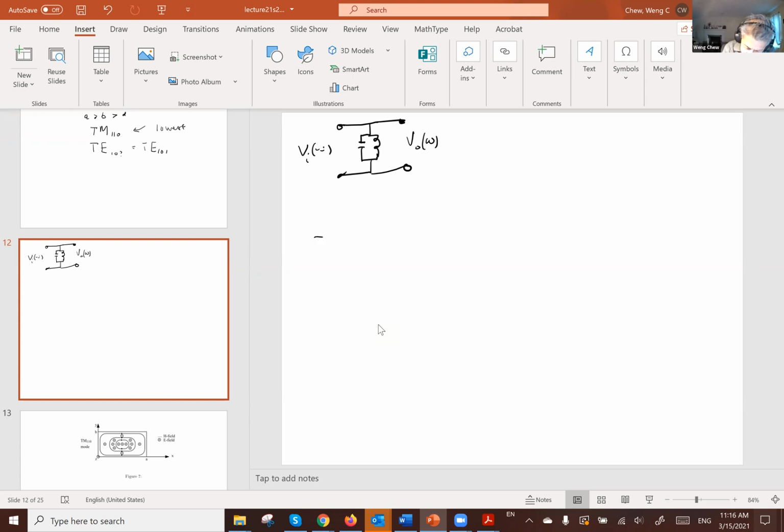This is narrow band, and if you were to find a transfer function, the transfer function will look something like this, where this is the resonant frequency of the resonator. Okay, if you look for the transfer function of this circuit, it looks something like this. And you can make, for instance, concatenation of resonators.